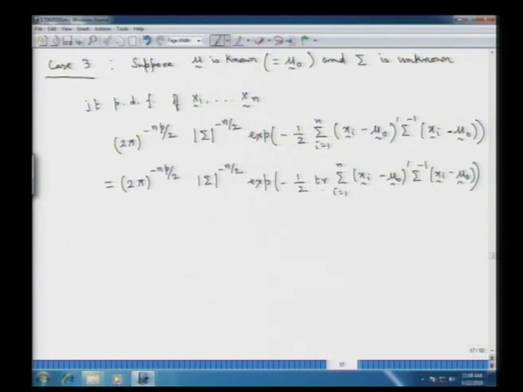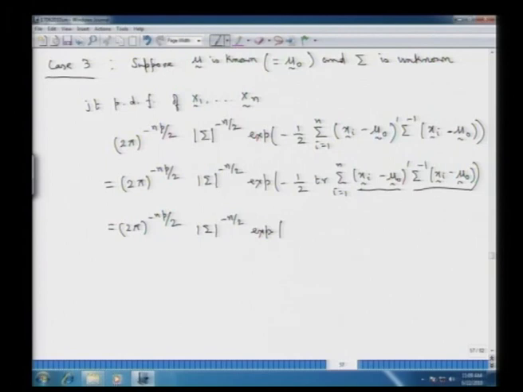Once again we will use trace of a plus b is trace a plus trace b, and trace of ab equal to trace of ba. So, using the two trace results, we will take first the trace inside, and then consider this to be one term, this to be one term, and along with sigma inverse this to be the second term, and then flip these two terms. So, trace of ab will be equal to trace of ba.